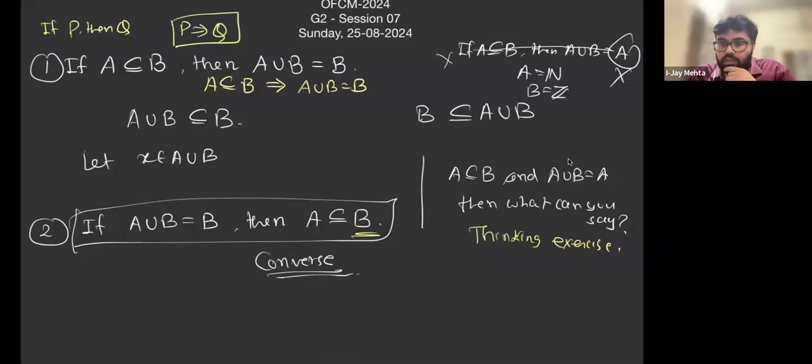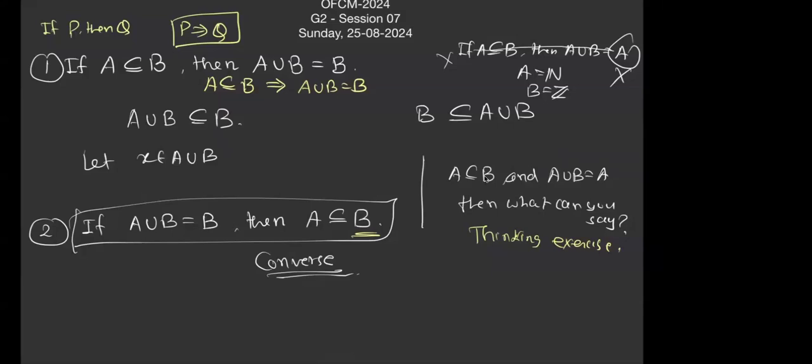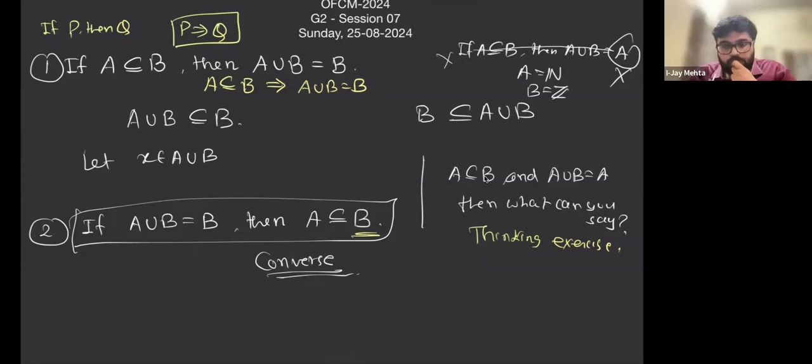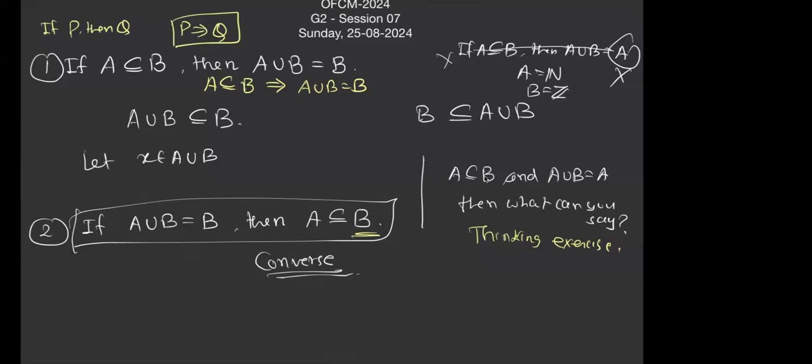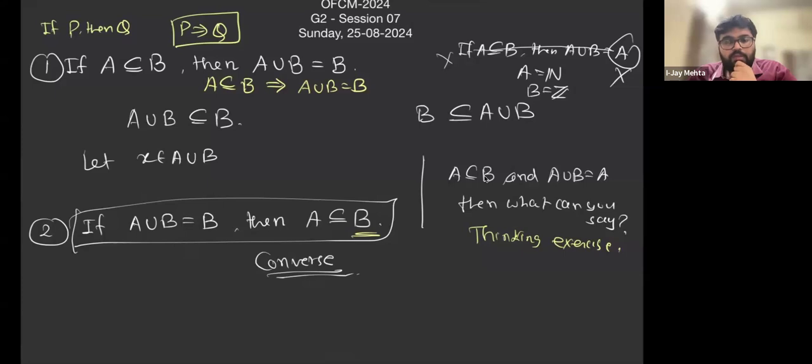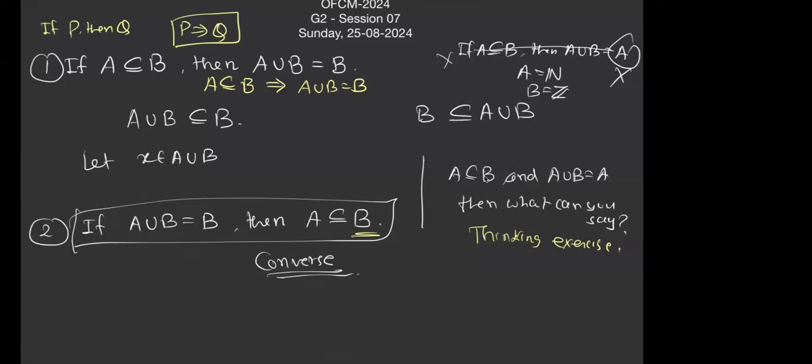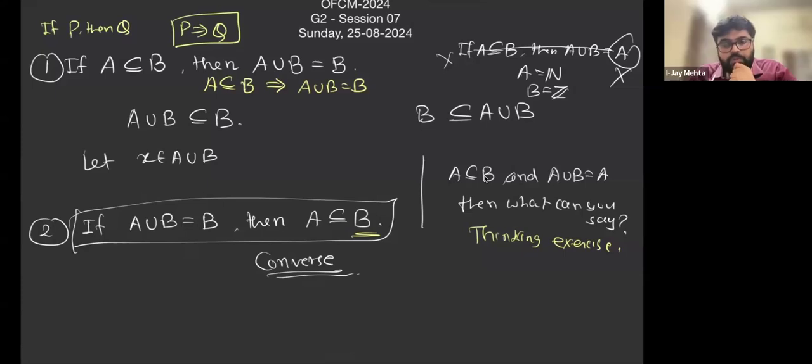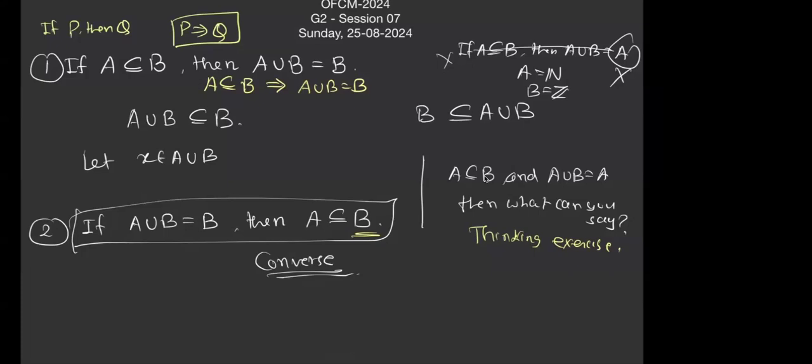Let X belong to A. Then we can say X belongs to A or X belongs to B, because anything that belongs to any set also belongs to the union of sets. A is a subset of A union B.